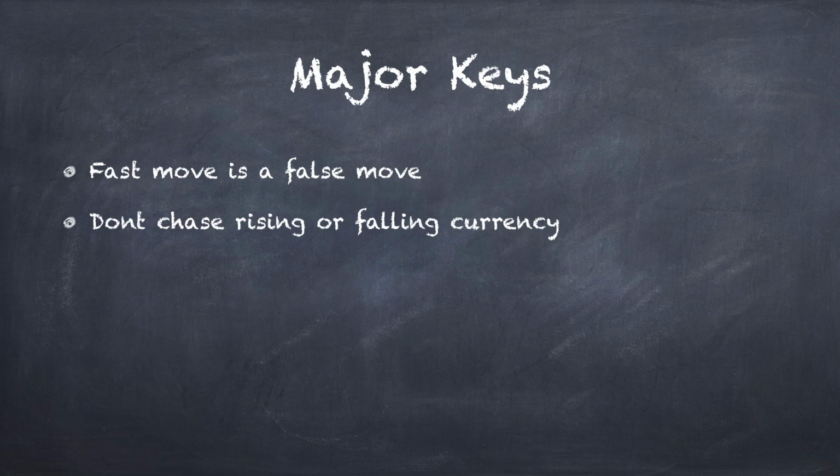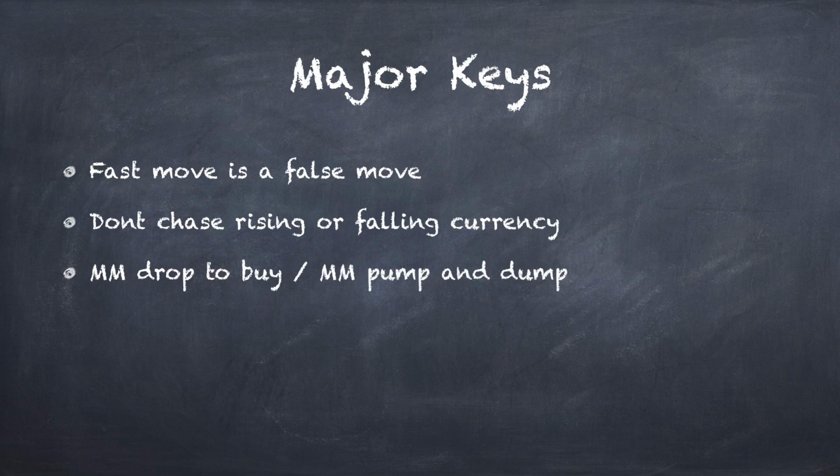All right? So remember that market makers drop to buy and they rise to sell. Okay? Think of it like a pump and dump. Remember back in The Wolf of Wall Street, they were pumping the stocks to then sell them?